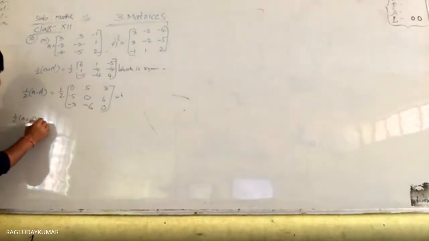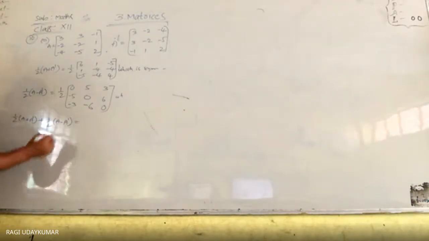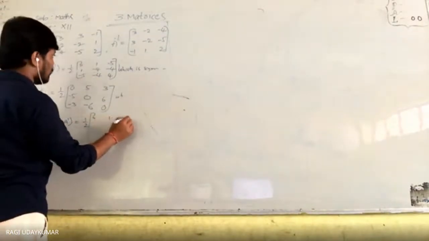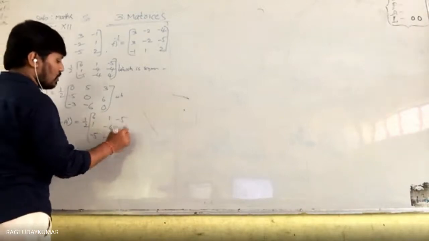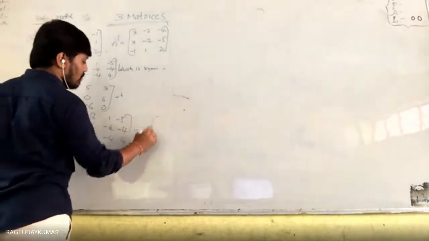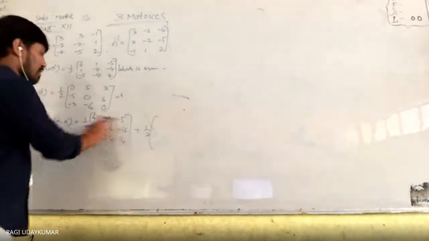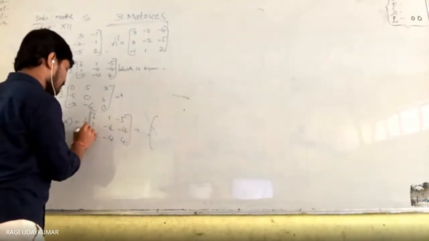So 1 by 2 of A plus A transpose plus 1 by 2 of A minus A transpose is equal to 1 by 2 of the matrix: 6 1 minus 5, 1 minus 4 minus 4, minus 5 minus 4 4, plus 1 by 2 of the other matrix. No need to multiply 1 by 2 first, because both have 1 by 2. So you can take 1 by 2 common for both the matrices.